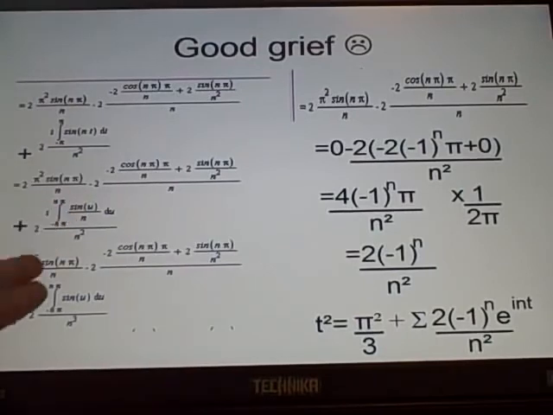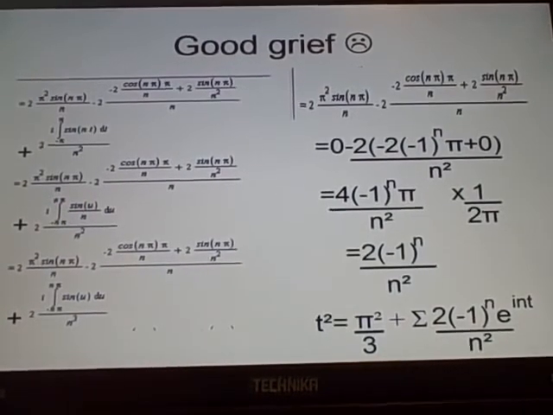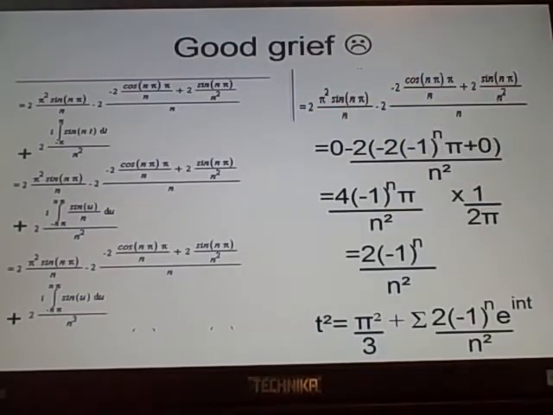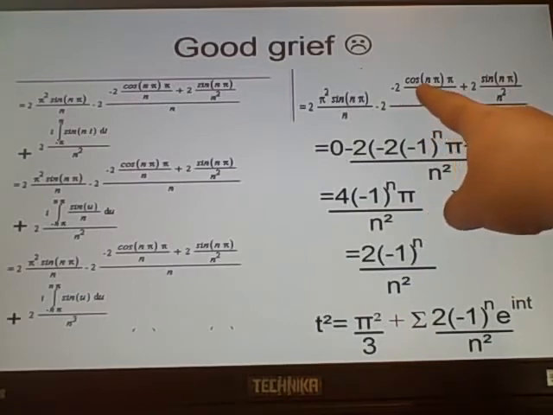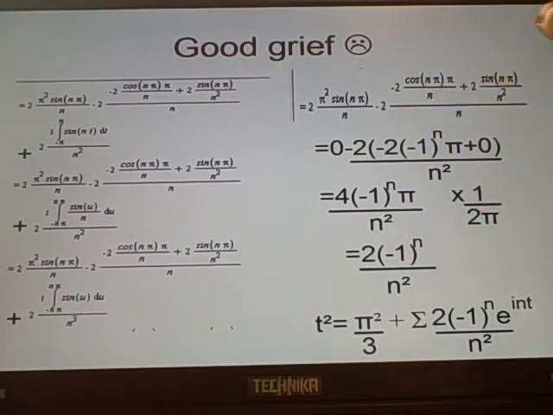And as we work along here, finally you will end up with this, which is 2 times pi squared sine n pi over n minus 2 times minus 2 cosine n pi times pi over n plus 2 sine n pi over n squared over n.